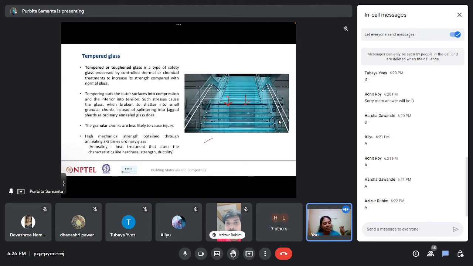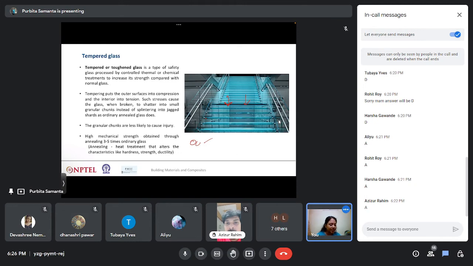And that is why when this tempered glass breaks, it generally forms granular chunks rather than those very sharp edges that we generally think of when glass has broken. So these are some of the vital characteristics of this glass.